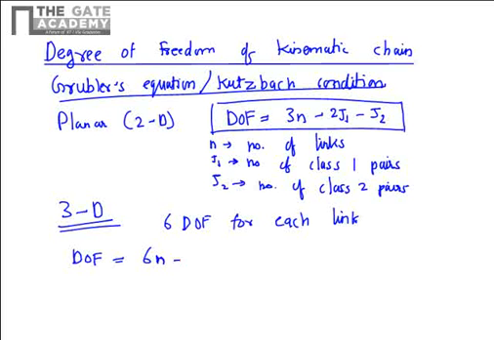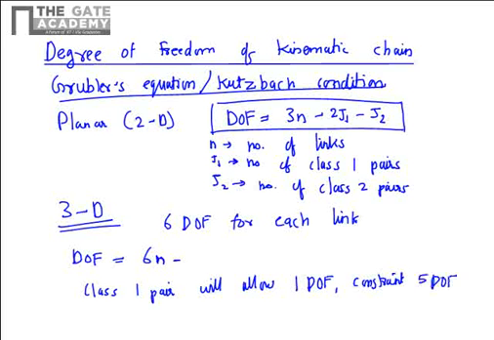And then, if you have a class 1 pair, so class 1 pair in case of 3D will allow 1 degree of freedom and constrain 5 degrees of freedom.